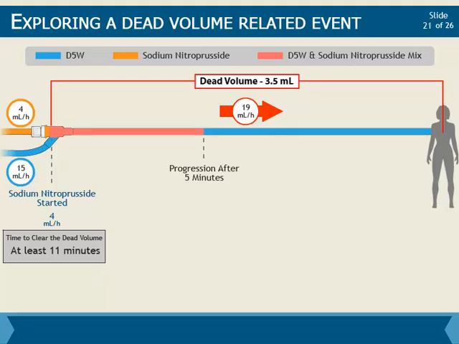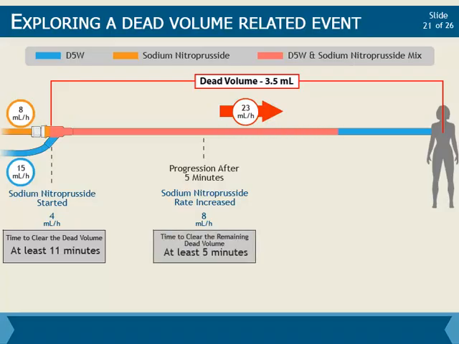Figuring the medication wasn't working, the caregiver increased the dose by increasing the flow rate to 8 milliliters per hour. This will clear the dead volume faster, but it will still take at least 5 minutes to completely clear and reach the patient. After waiting another 5 minutes and still seeing no medication response, the caregiver then increases the flow rate to 10 milliliters per hour.